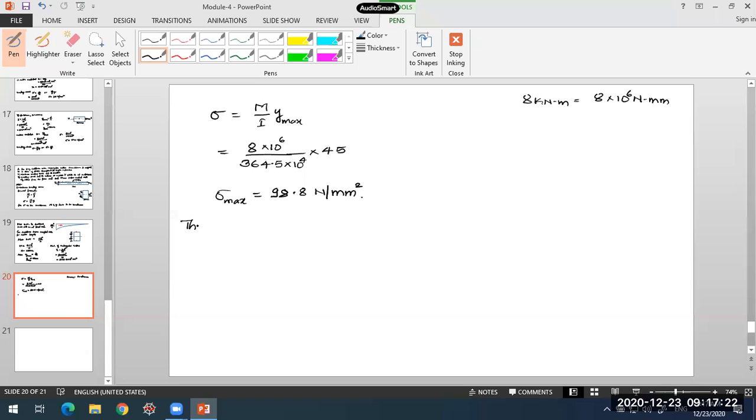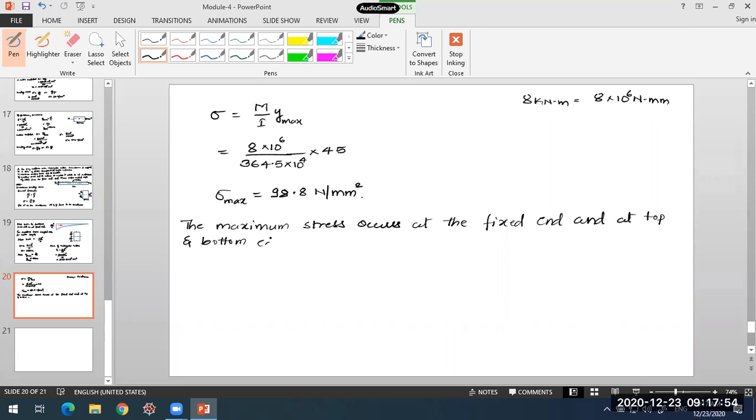The maximum stress occurs at the fixed end and at the top and bottom edges. I can say this as plus or minus 98.8.